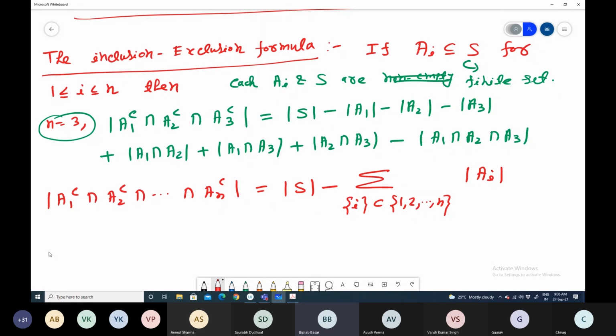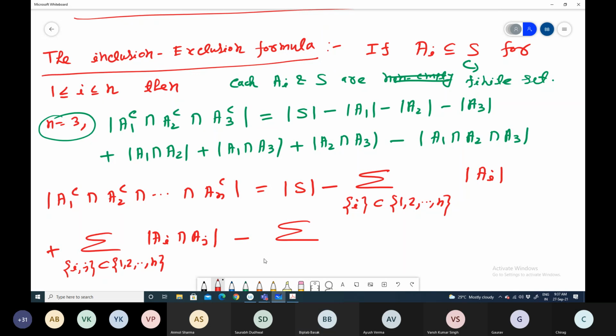Then there are all possible pairs, so the summation over {i,j} subset of 1 to n of A_i intersection A_j. Then we take minus the summation over {i,j,k} subset of 1 to n of the cardinality of A_i intersection A_j intersection A_k, and so on.